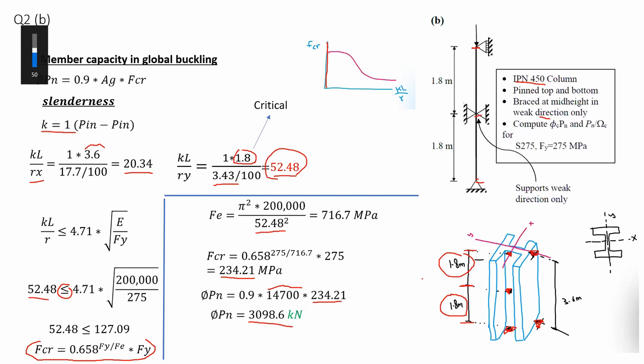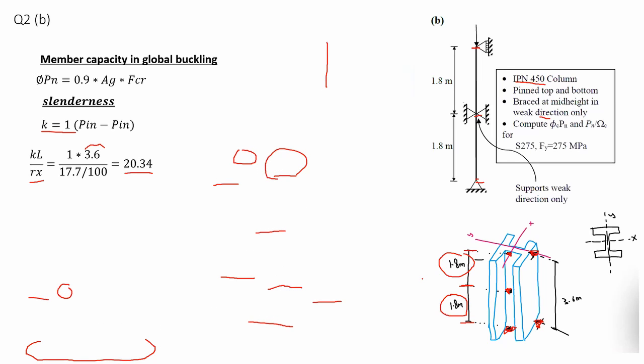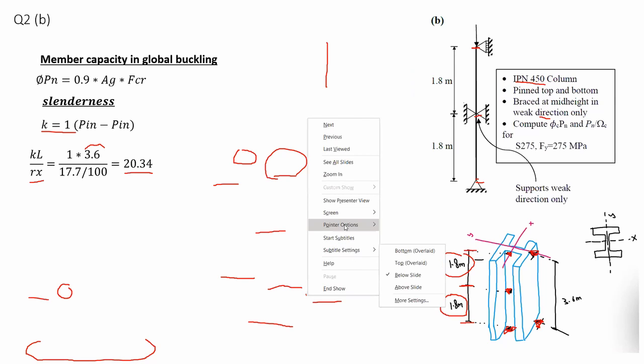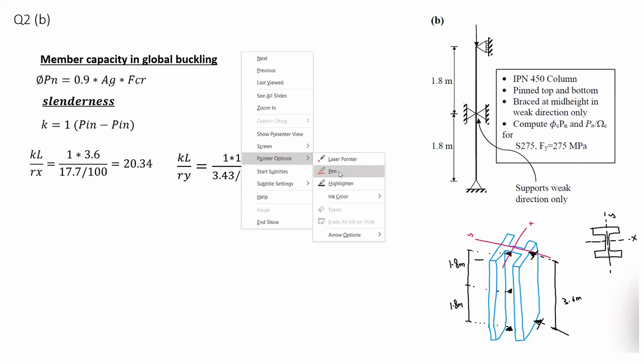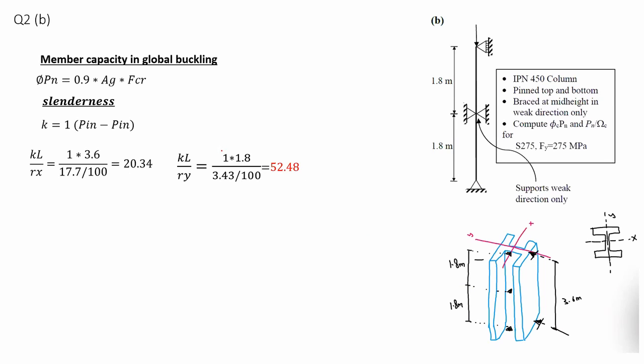Okay, let's take a look again. For KL over RY, now K: since the column is divided into two pieces, I have two supports, one at top height and one at the middle height, and I have another piece where I have a pin support here and another pin support there.